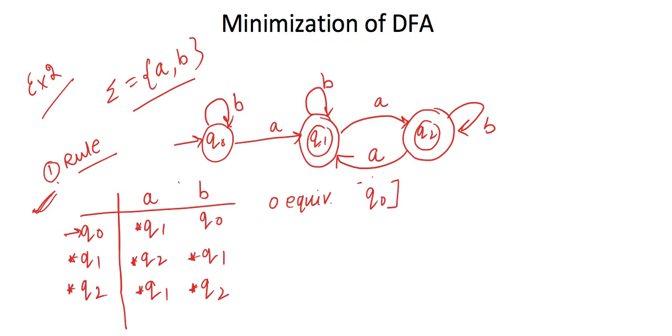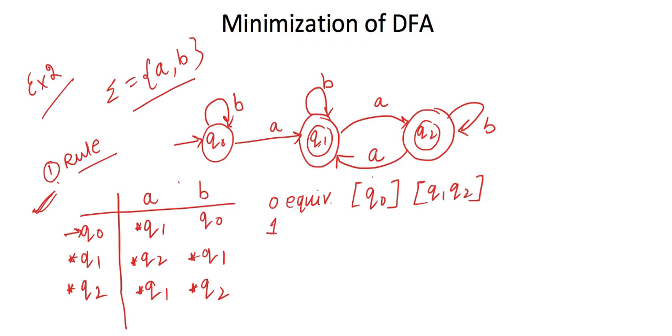The state which is non-final is Q0, so it comes in a separate group. The states which are final are Q1 and Q2. This is called the zero equivalence. Write down separately all the non-final states and all the final states.